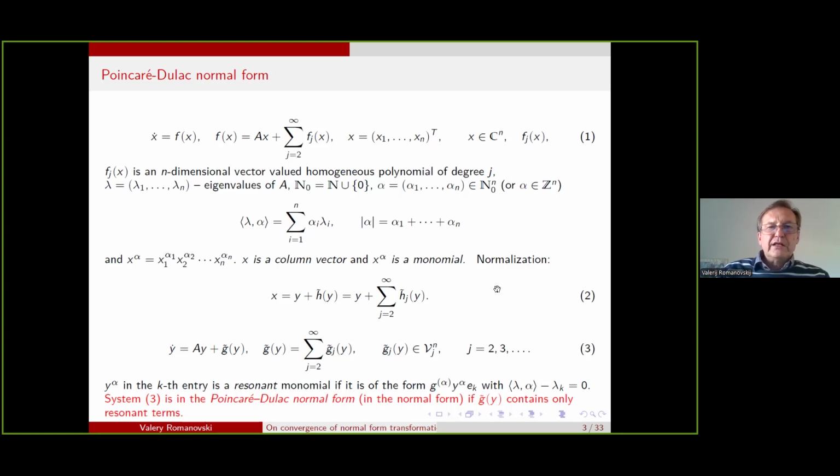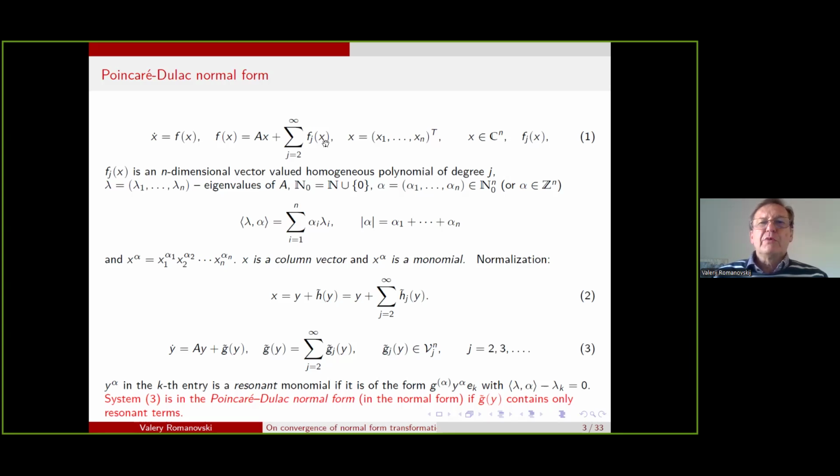Excuse me, Valery, I don't see x to alpha used on this page. I see the definition, but where do we apply it? It is here, for example, in f.